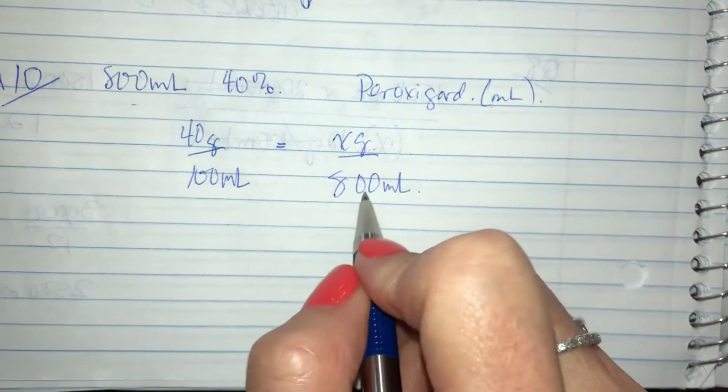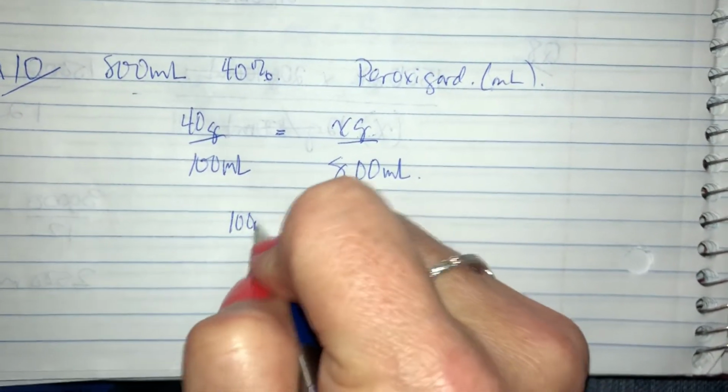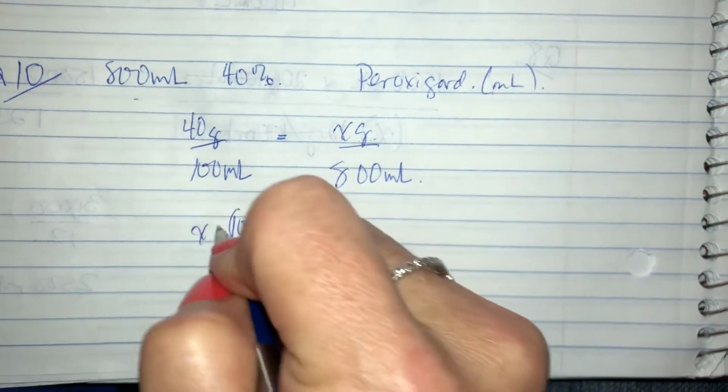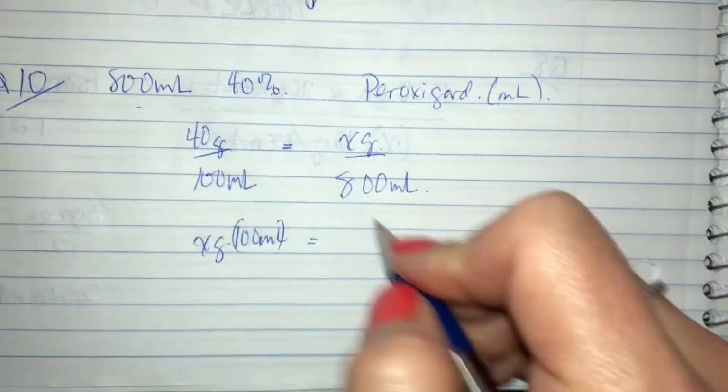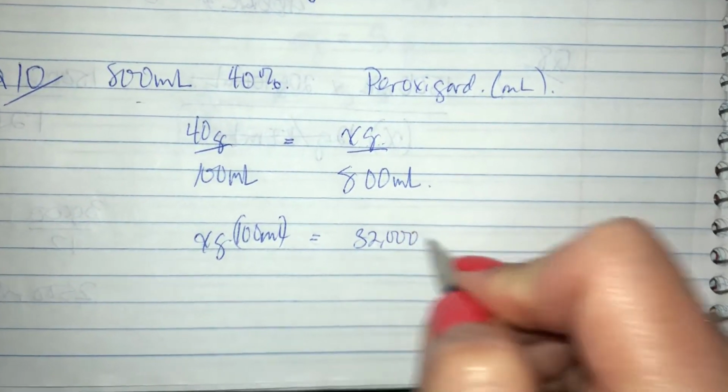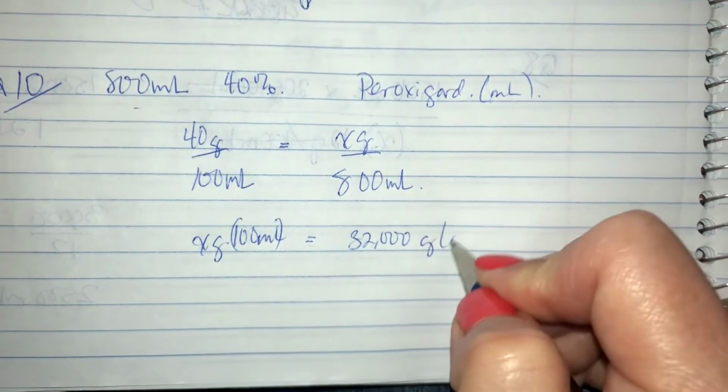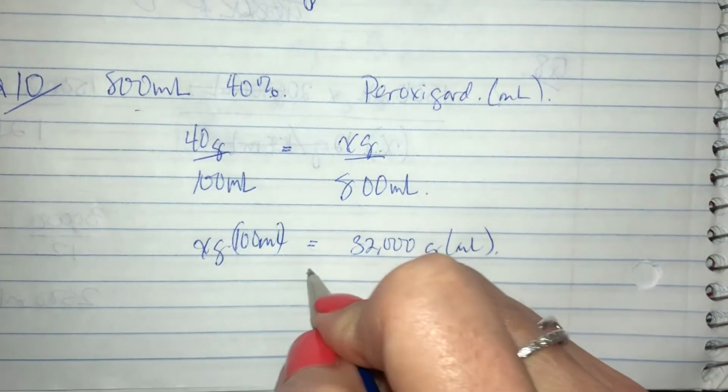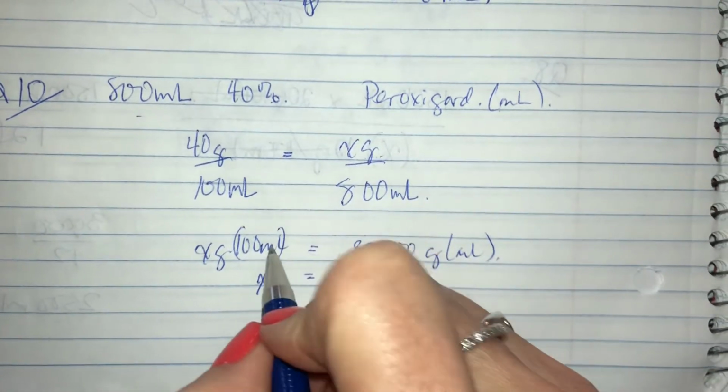Okay, so I'm going to have 100 mil over x equals 32,000 g mil over x.